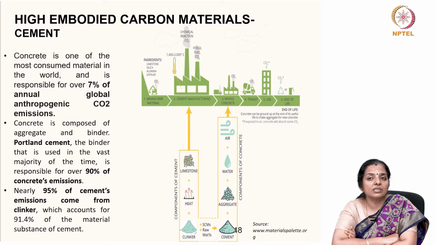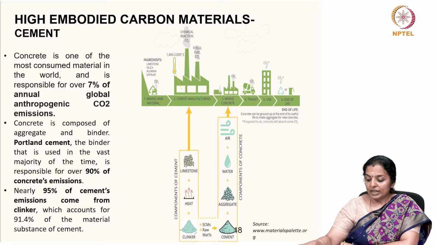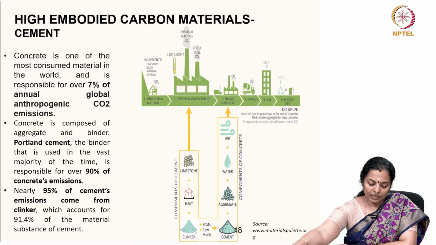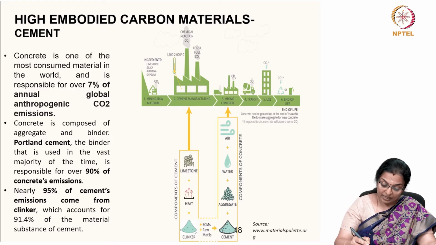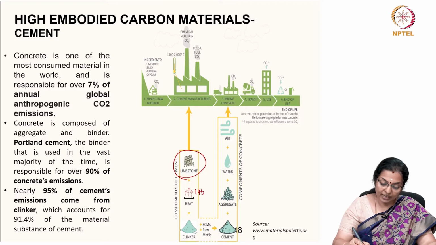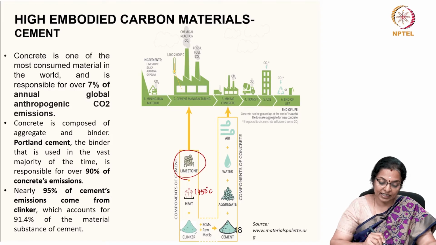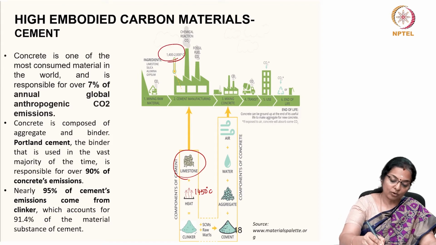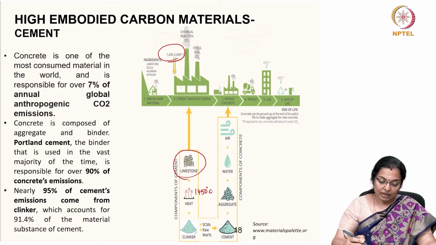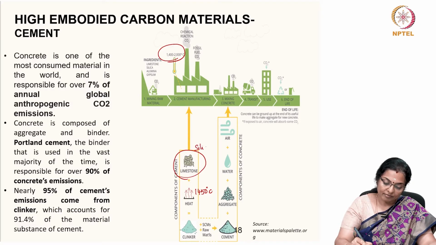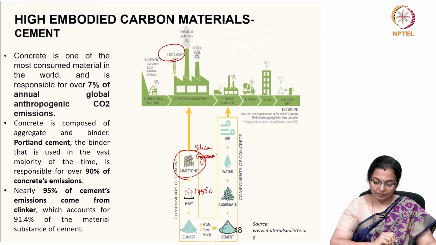Looking at the processes and embodied carbon of cement, we can see that clinker is got by heating limestone at 1450 degrees centigrade, along with nearly 2000 degrees centigrade, along with silica, gypsum and some alumina.